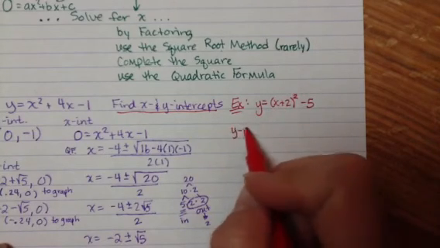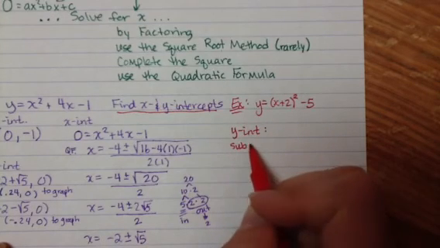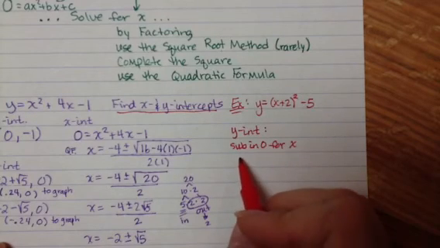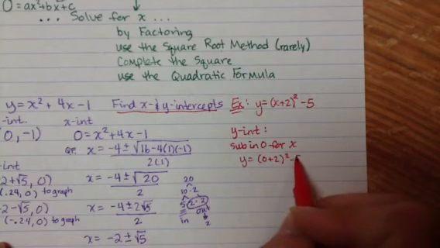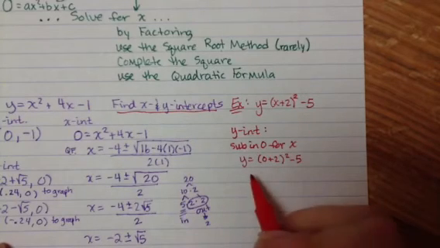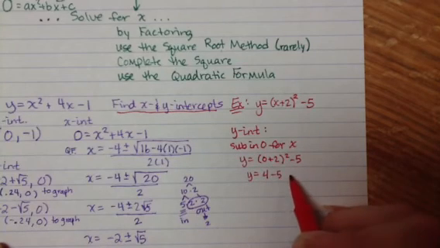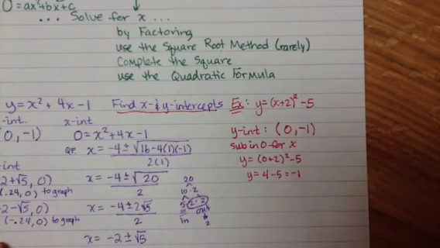So the y-intercept is a little different. We're going to sub in 0 for x. So y will equal (0 plus 2) squared minus 5. And 0 plus 2 is 2. 2 squared is 4. 4 minus 5 is negative 1. So the y-intercept will be 0, negative 1.